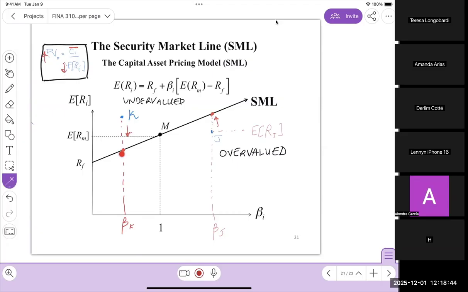So investors currently here will trade off their position in the risk-free asset and the market portfolio, and buy K, and they'll realize the price rise as it goes back to the security market line. Okay, so undervalued stocks should be purchased and held to realize a price adjustment or correction.